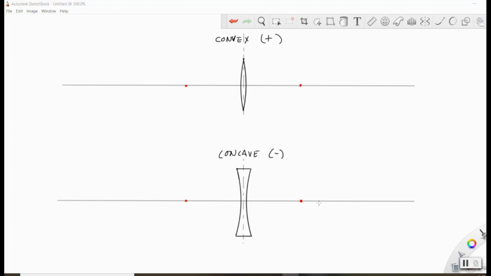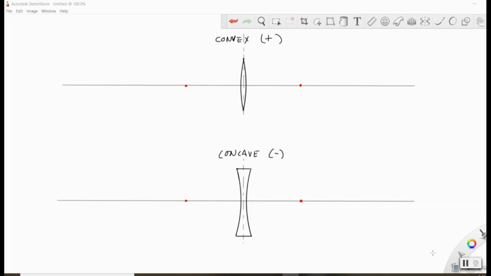These focal points can actually be located at the same point for both of these lenses, and if we had, say, a 15 centimeter focal length for each of these lenses, then it would just represent different action, but at the same reference point. So let's take our parallel rays and see what happens to those parallel rays, because that's what defines whether this is a positive or a negative lens.